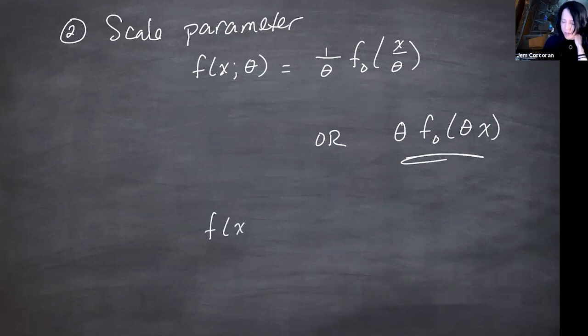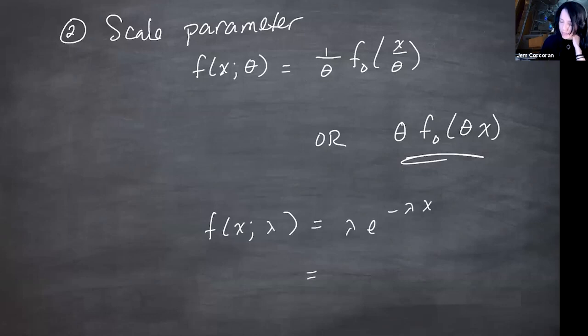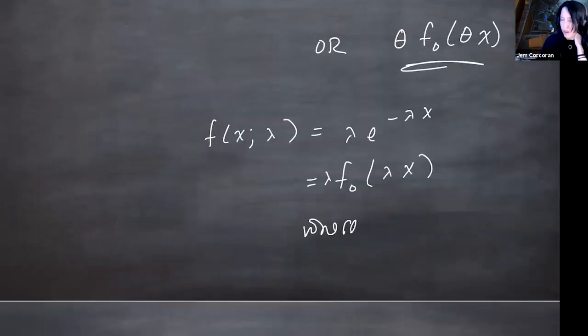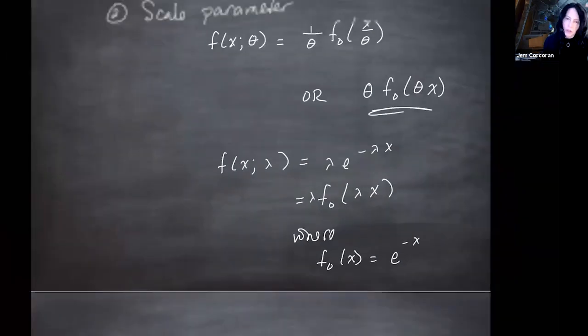If you have f of x and it is lambda e to the minus lambda x, that is f naught of lambda x times lambda, where f naught is the exponential rate 1. So in this notation, that lambda would be known as an inverse scale parameter.